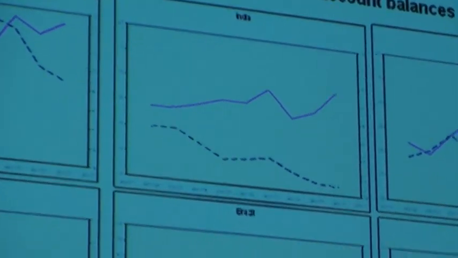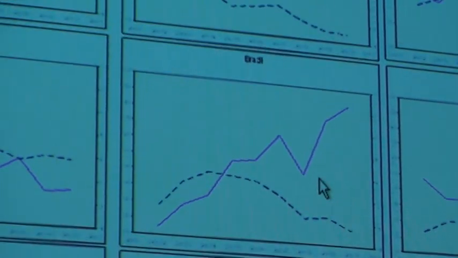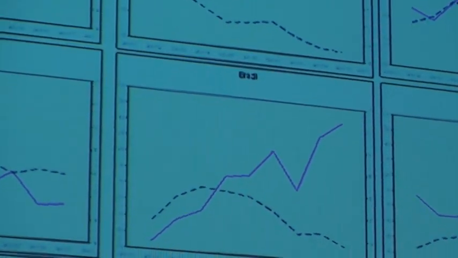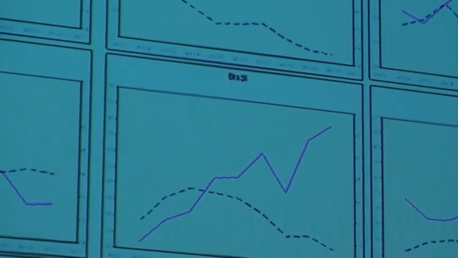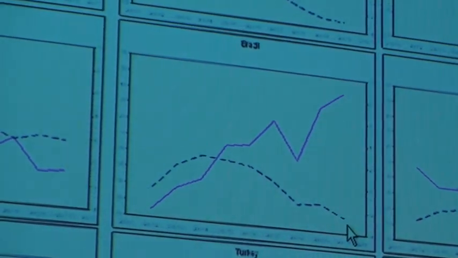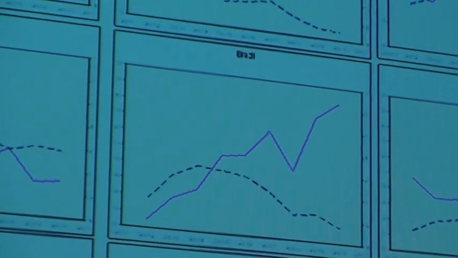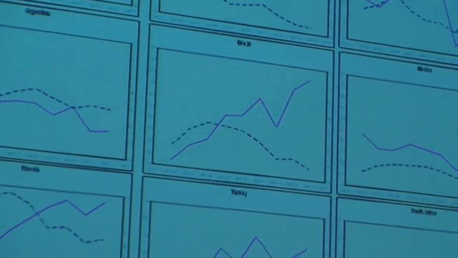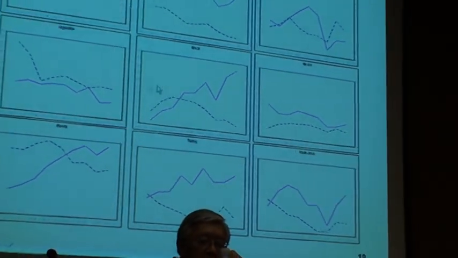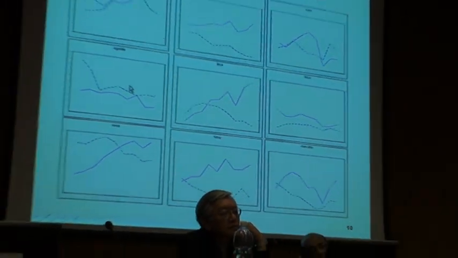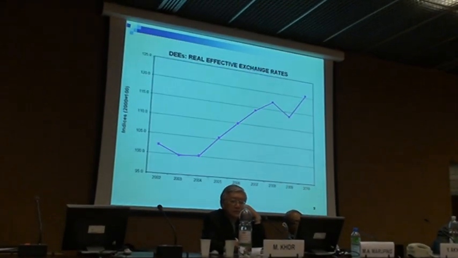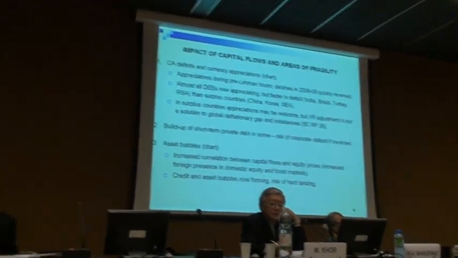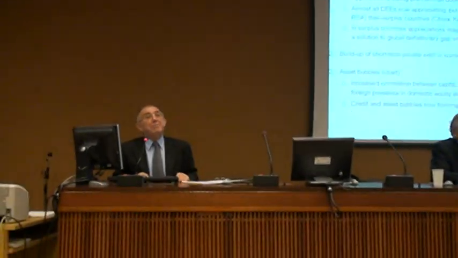When the gap is opening, the sign is worrisome. Currency is going up, deficit is going up too. The same with Turkey, and the same with South Africa. Other countries which do not have deficits, which have surpluses, do not experience rapid appreciation. And in some cases, appreciation for these countries could be quite benign.